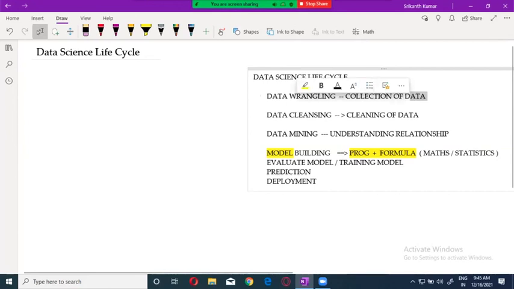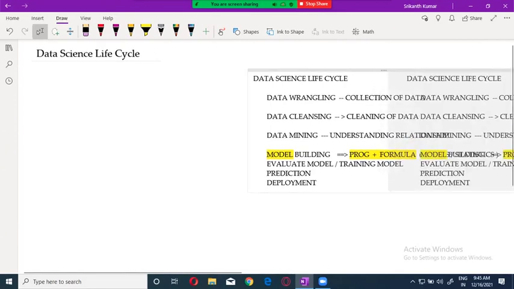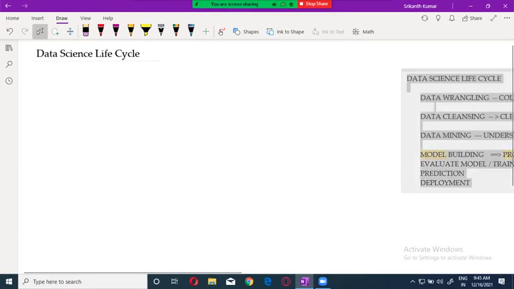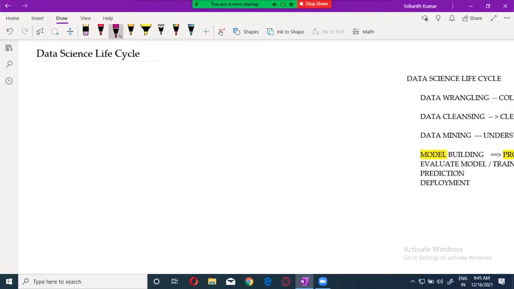For example, say you got an e-commerce client like Amazon or something similar, a new company that wants to build a new e-commerce website. He came to you and said, please collect the data accordingly from similar kinds of companies.